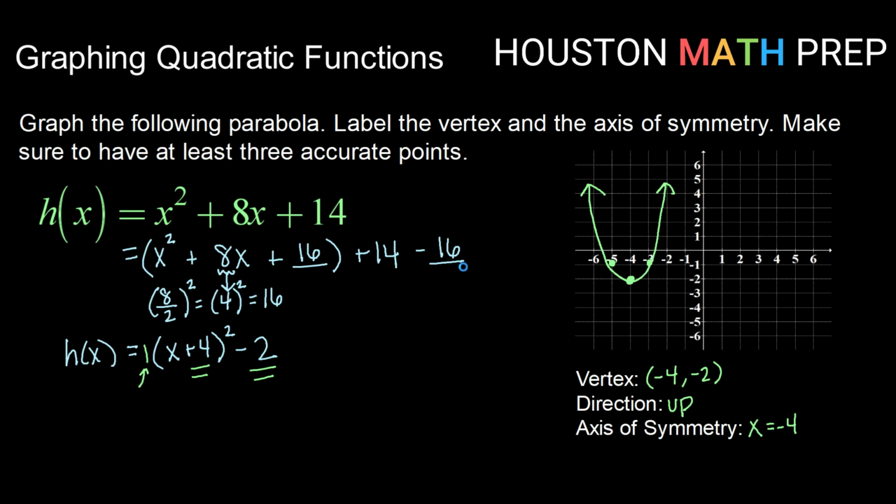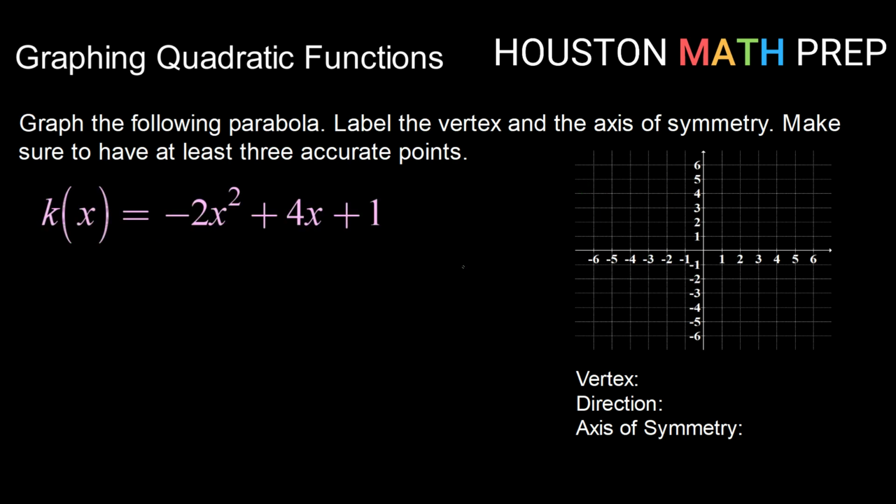Sometimes, though, vertex form isn't super desirable because completing the square would be complicated. That might happen because you have a coefficient other than 1 in the lead, like we do here with a negative 2, or it can also be a little bit off-putting if our b value is odd. That makes completing the square more complicated.